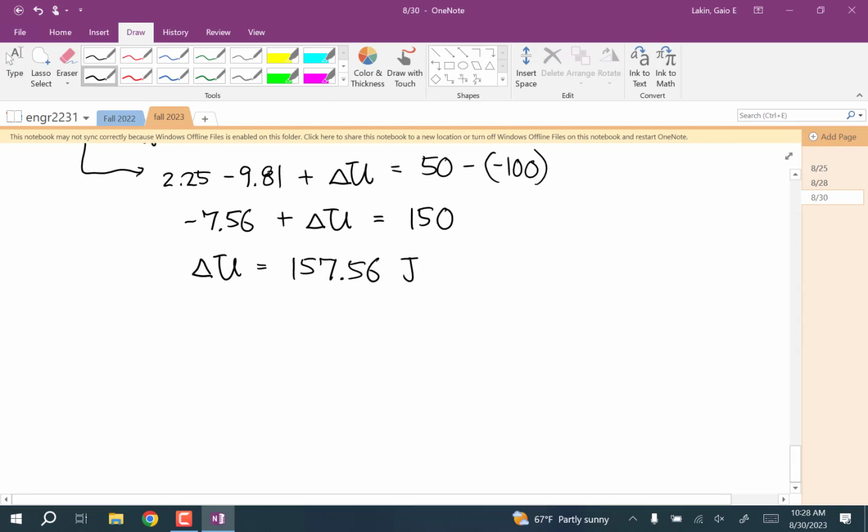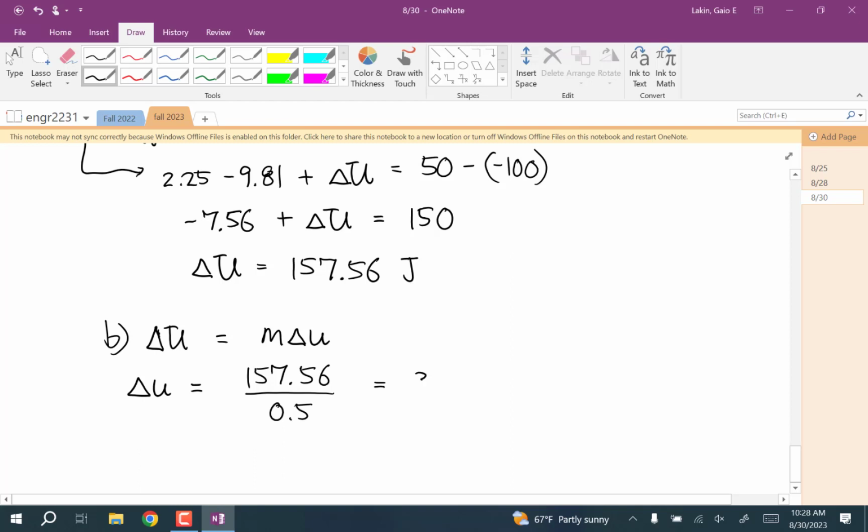Then if we want the specific internal energy, delta U is equal to the mass times the change in the specific internal energy. So the change in specific internal energy is just 157.56 divided by 0.5.